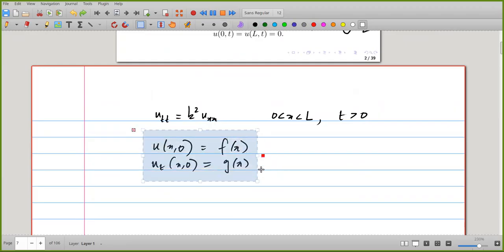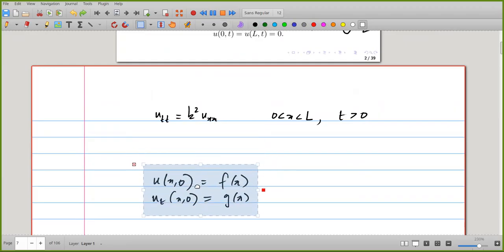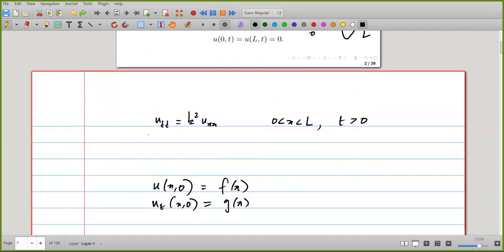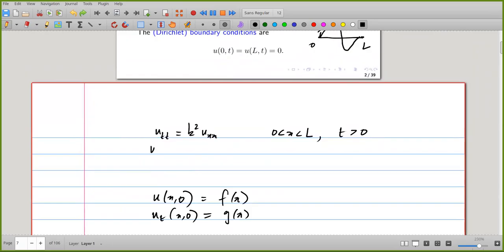Maybe I should write these two a little bit below. And we have u(0, t) is equal to 0, u(L, t) is equal to 0. So this is the differential equation we have to solve.